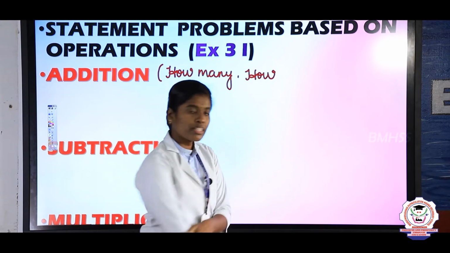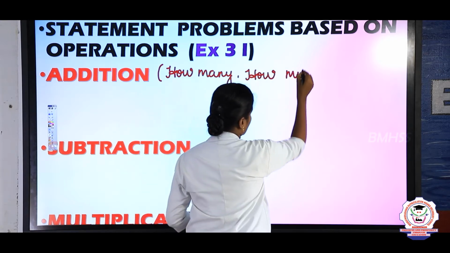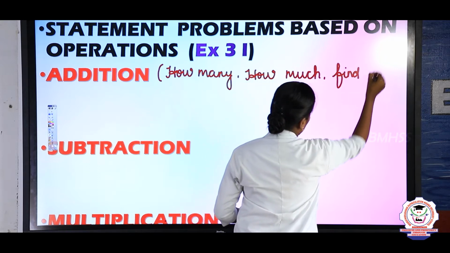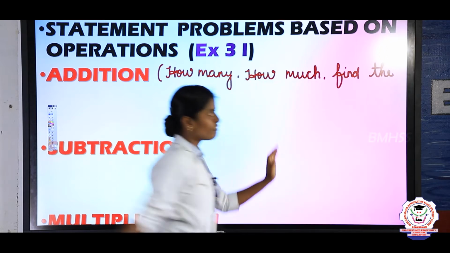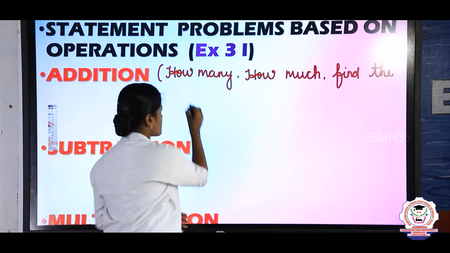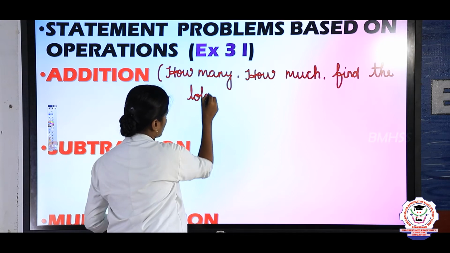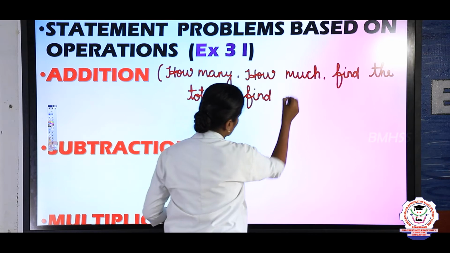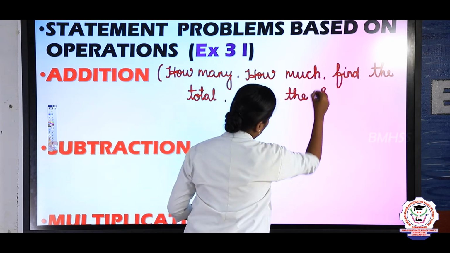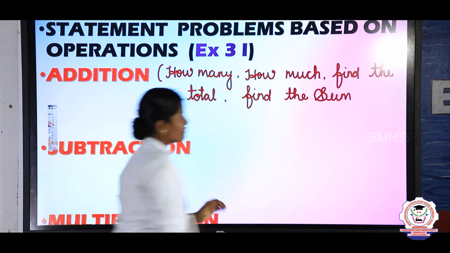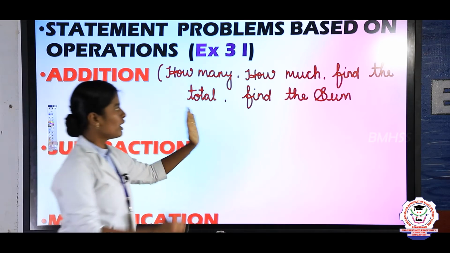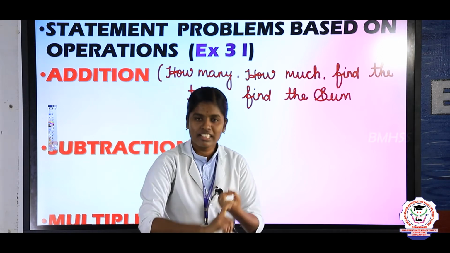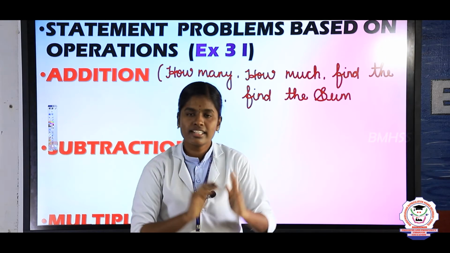How many, how much, find the total, and find the sum. So the first one is an addition related statement problem when we have terms like how many, how much, find the total and find the sum.